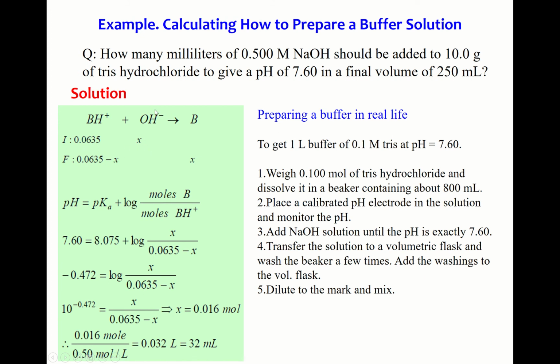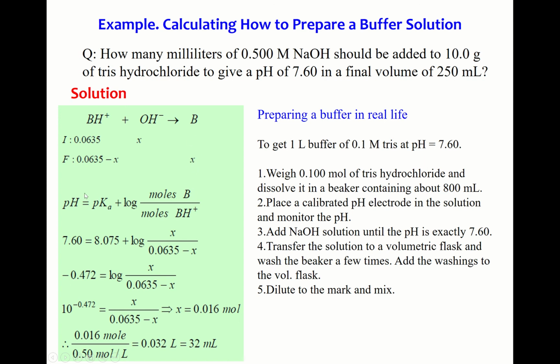When you added hydroxide, this one decreases by x amount, and our goal is to calculate this x. OH minus is completely consumed, and as a result, you get B. Initially there is no B, and now the B amount is x.